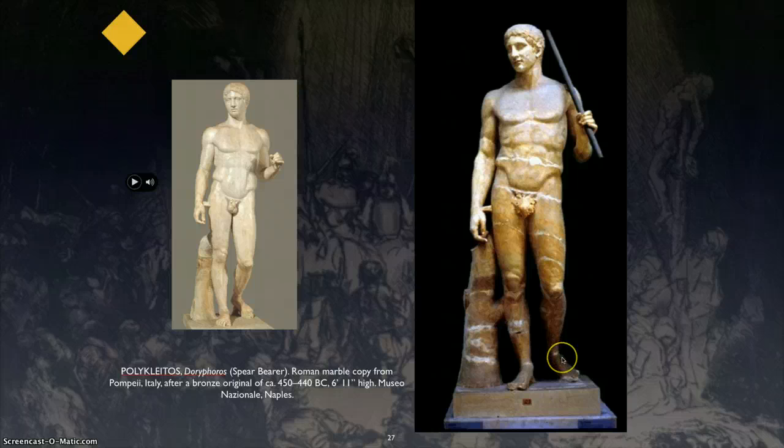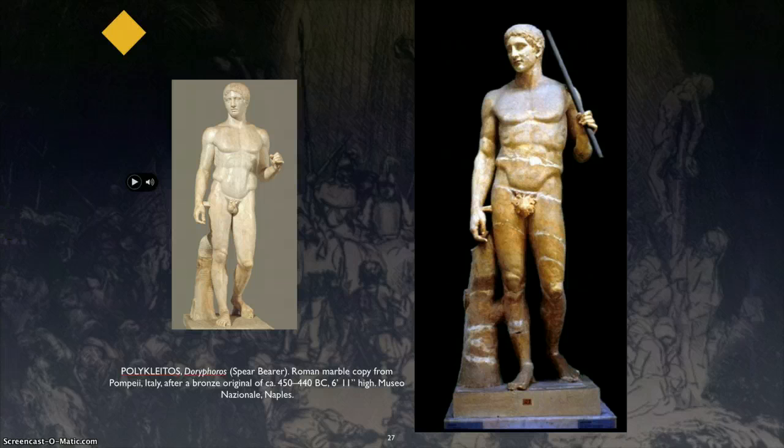That heel has been brought up. He's starting to push off right here and to take a step. As he pushes off, he's going to turn this way, and he's already looking that direction. Okay. This is a very famous piece of artwork, and there are dozens and dozens of copies that were made, especially during the Roman Empire.